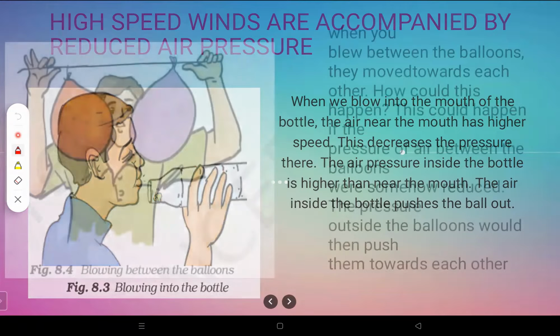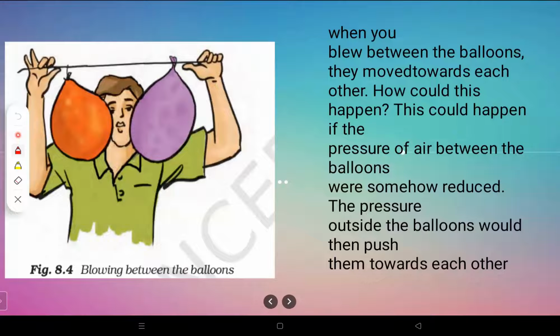Then let's try the next experiment. The next experiment is: take two balloons of approximately equal size. Put a little water into the balloons and now blow them up and tie each one of them with a string.